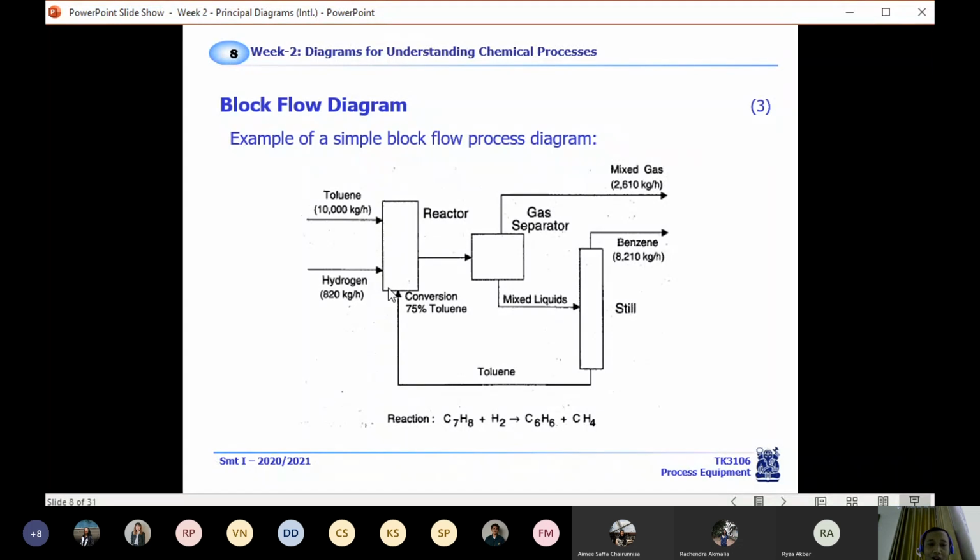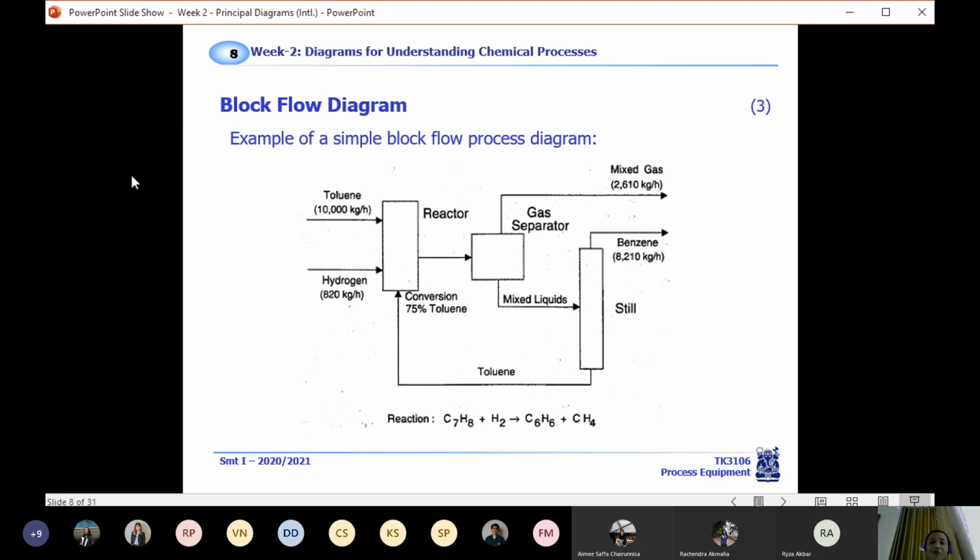So there will be a block of the reactor, because of the second sentence, where toluene and hydrogen as feedstock react, from the first sentence. And then the second block will be the gas separation, around the third sentence, where the non-condensable gas will be separated and discharged.